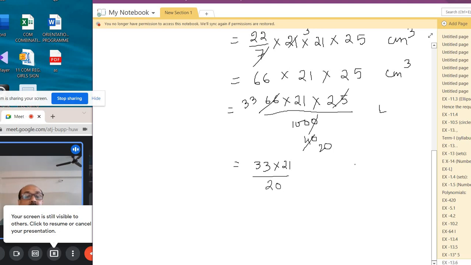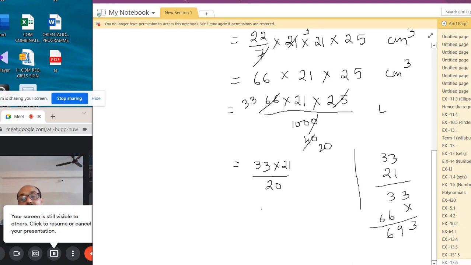So multiply 33 into 21, which is 693. So 693 by 20. Divide now, which gives 34.65.